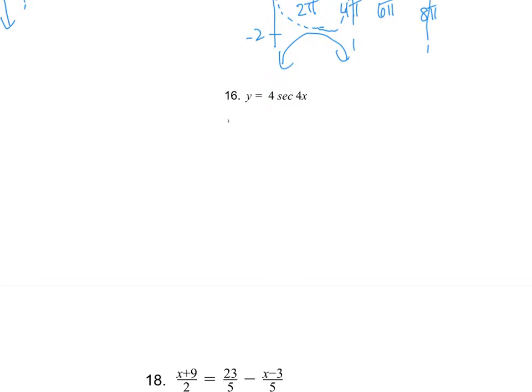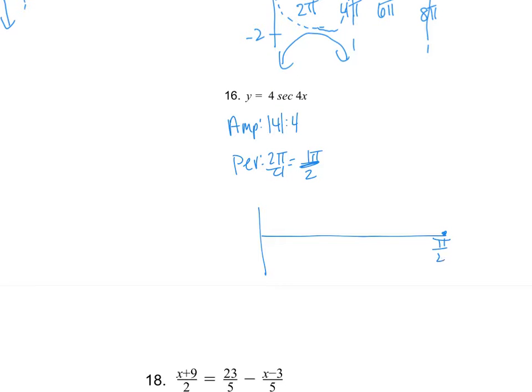Next one, my amplitude is 4. My period is 2 pi over 4, which is pi over 2. So half of that is 1/4, half of 1/4 is 1/8, and 3/8.